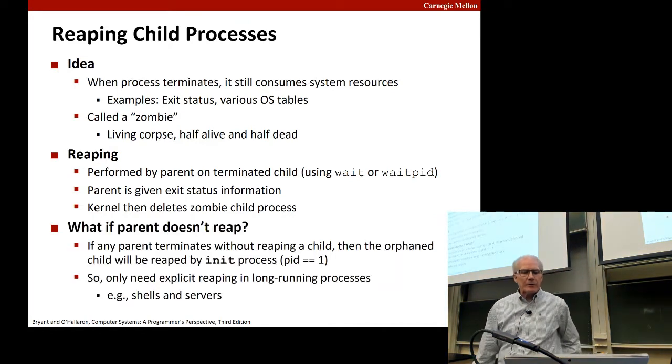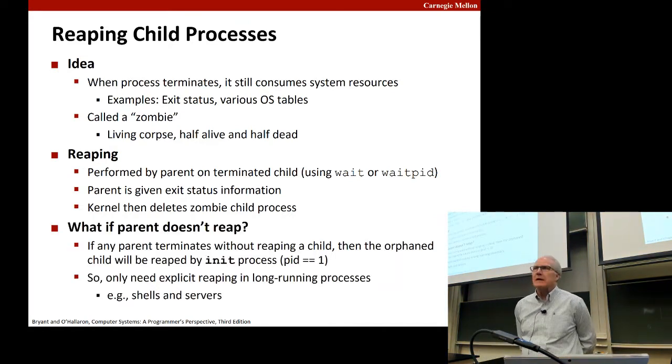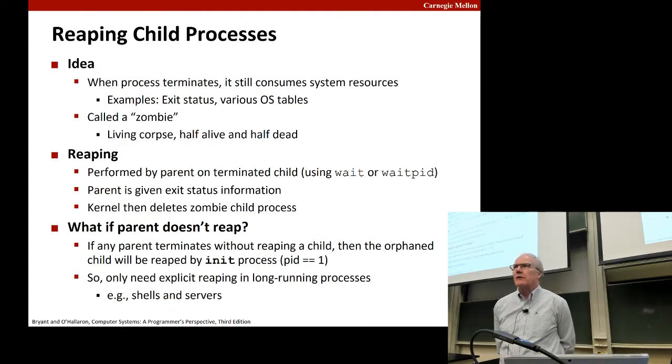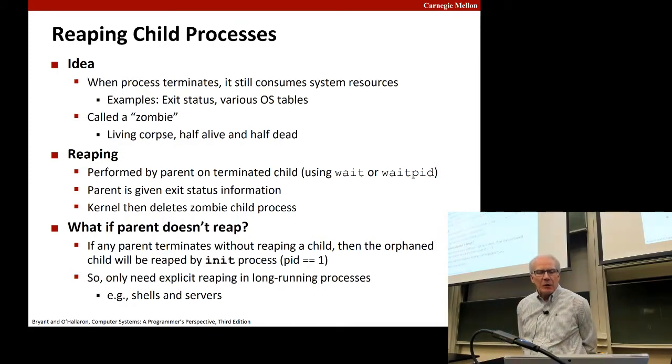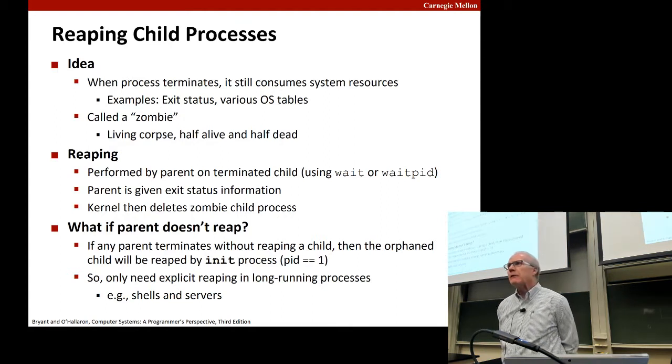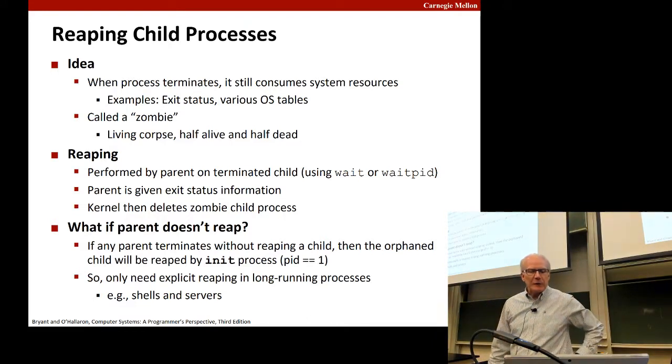But it's a problem, and we'll see examples of it today, if the parent doesn't wait for a child to finish and instead just returns. When the parent itself terminates, it basically passes the responsibility of reaping to the initial process, and it will do it for you.